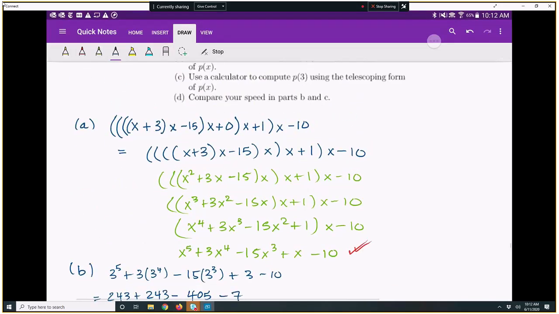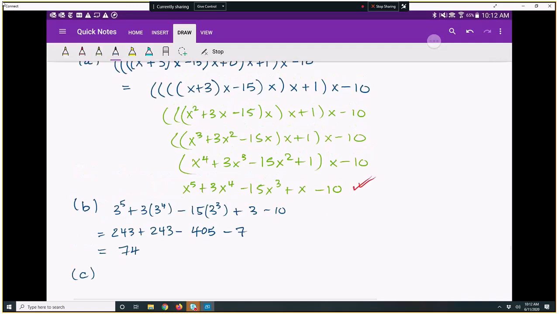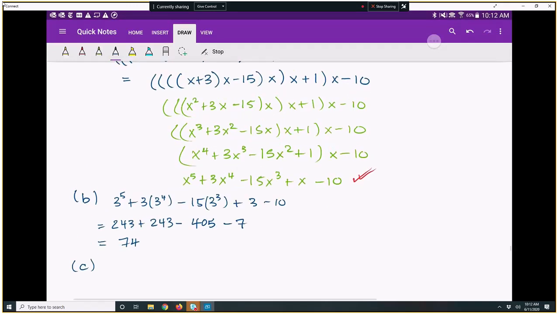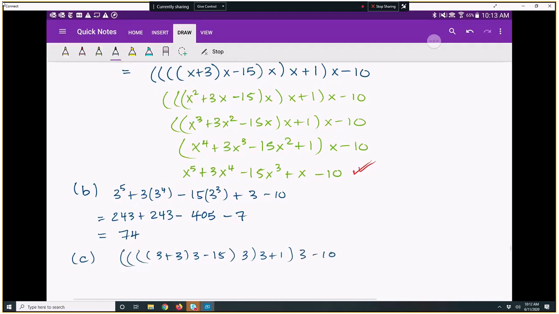Now use the calculator to compute P of 3 using the telescoping form. Again, we don't really need a calculator for these simple multiplications. So plugging it into the telescoping form, that should look like 3 plus 3 times 3 minus 15 times 3, 3 plus 1, 3 minus 10.